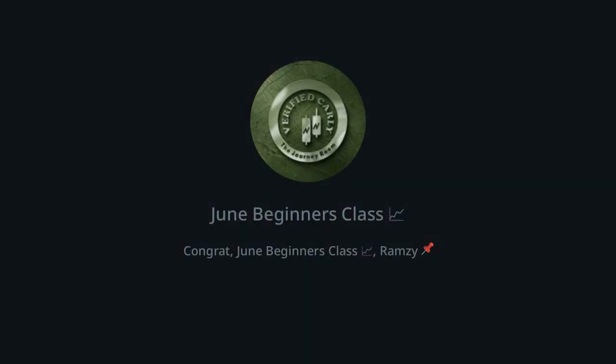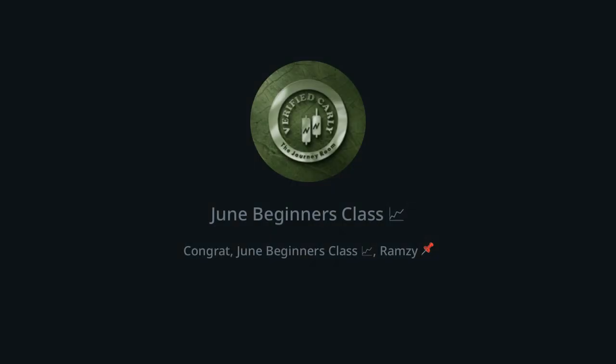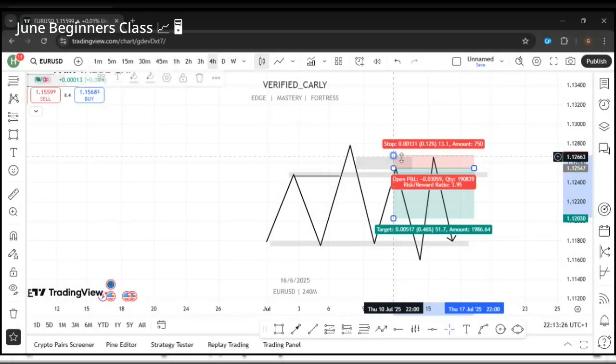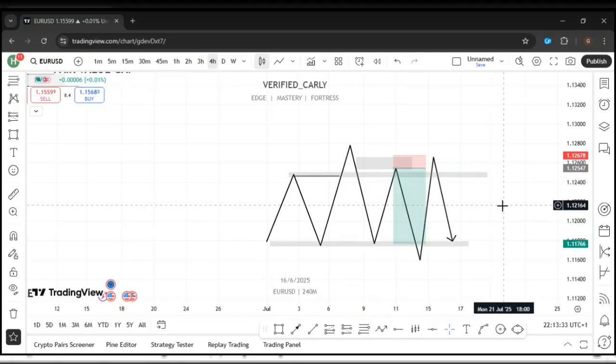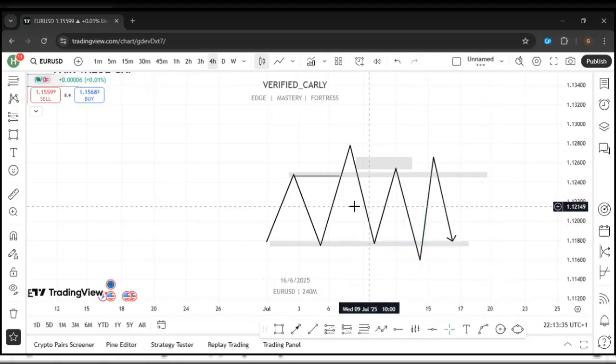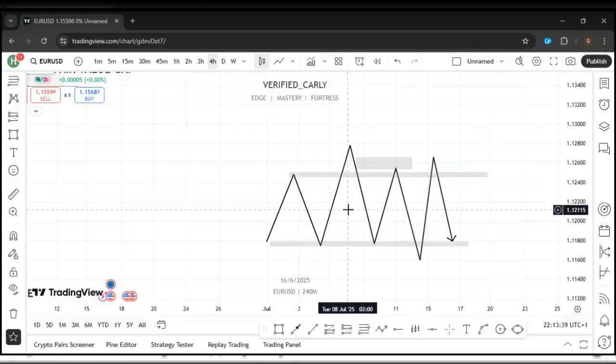And price used it to push lower, and maybe targeted this low right here. So support and resistance zones are also liquidity. Those are the types of liquidity, but if I want to talk about all of them for this class, maybe we won't finish today.